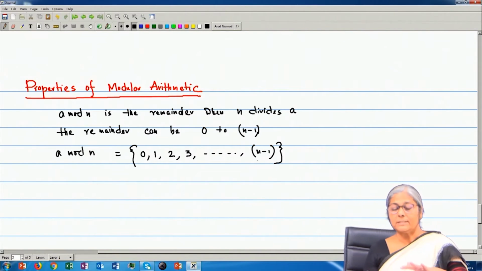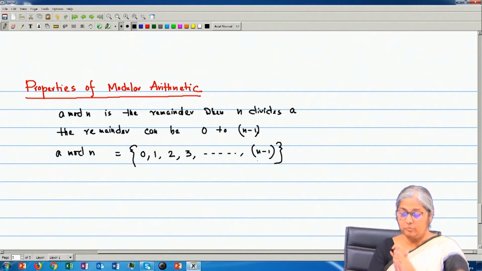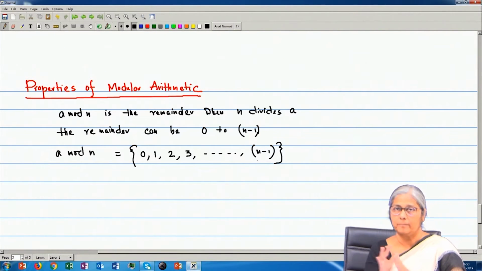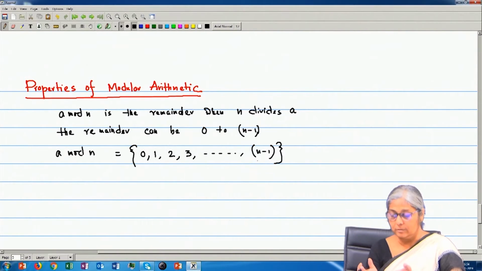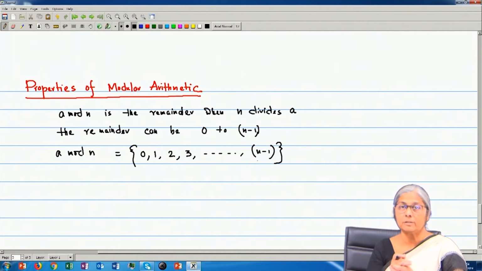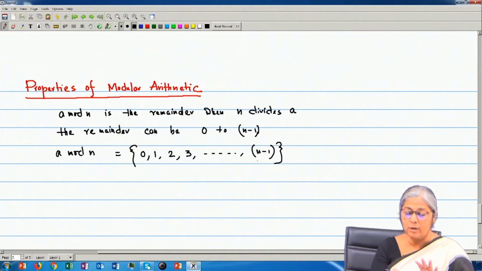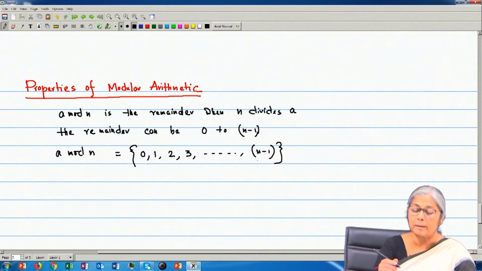Now we will see some arithmetic that works on this set only, and whether our ordinary addition, subtraction, division or multiplication works in a similar way on this set, because in modular arithmetic a mod n can only be an element of the set from 0 to n minus 1.